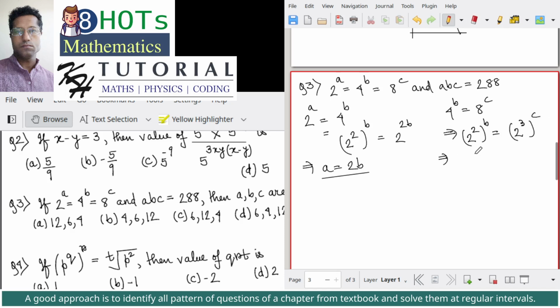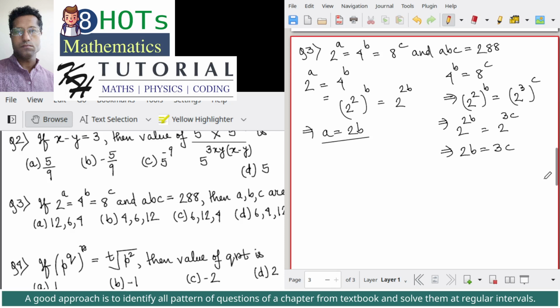Applying the laws of exponents, power of power, we get 2 to the power twice b is equal to 2 to the power thrice c. Now I can equate the powers: twice b is equal to thrice c. So a is equal to twice b is equal to thrice c, and I also know that abc is equal to 288.